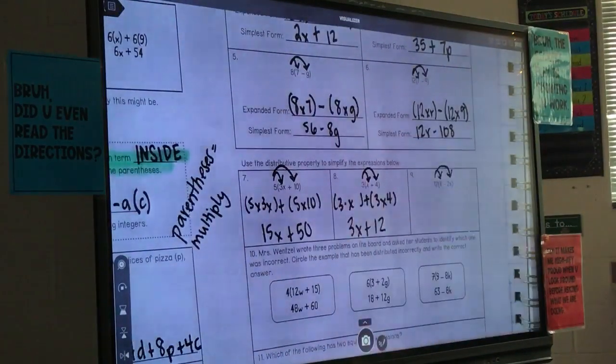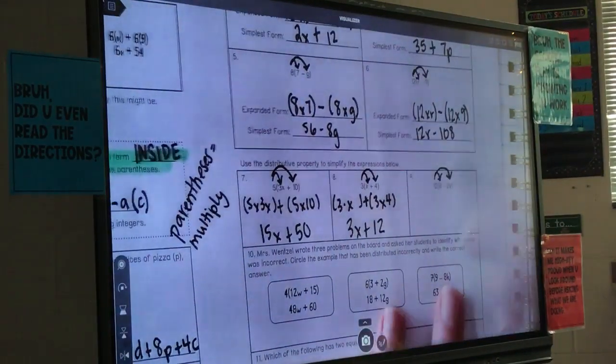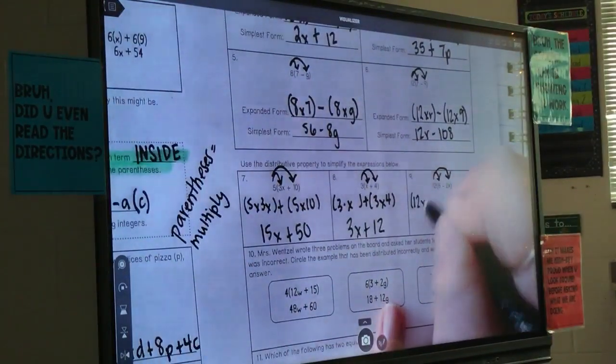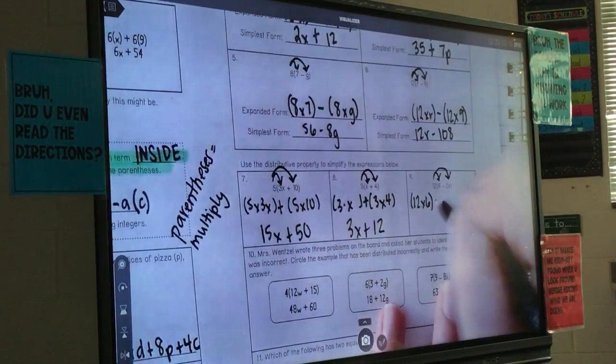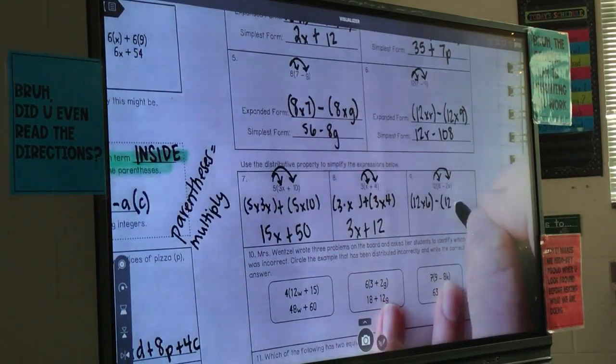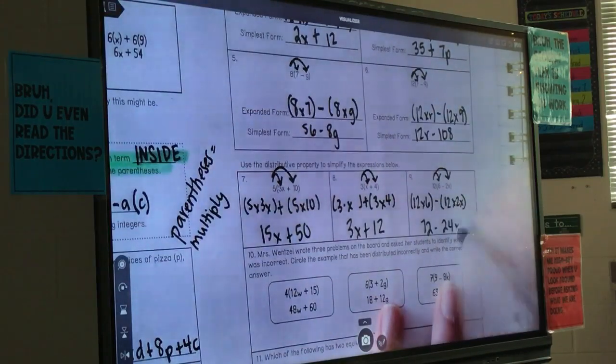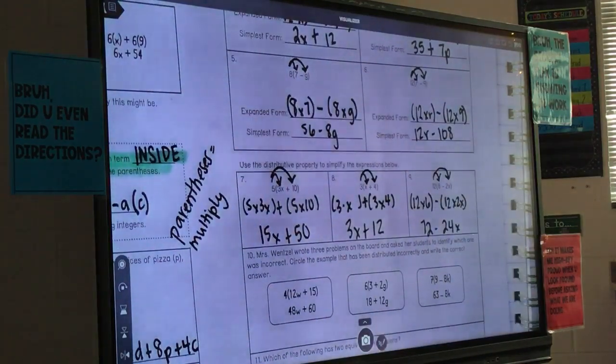All right, and then the last one. All right, Ansley. 12 times 6 minus 12 times 2x, and then you get 72 minus 24x. All right, how did we do with those?